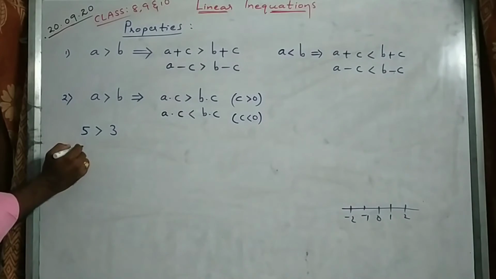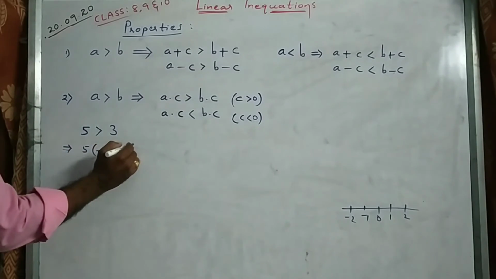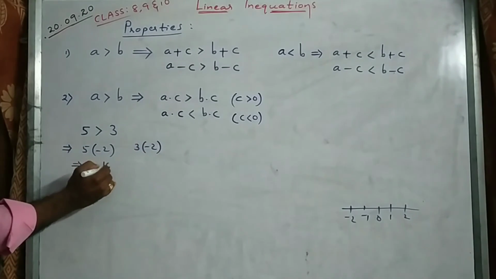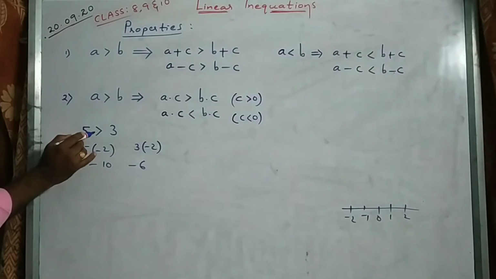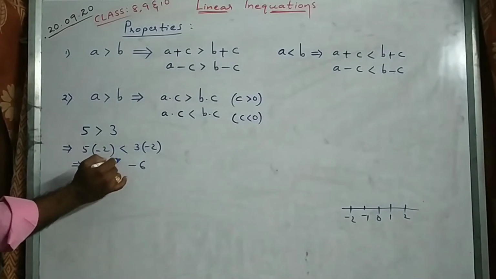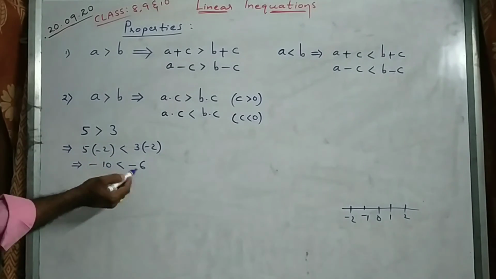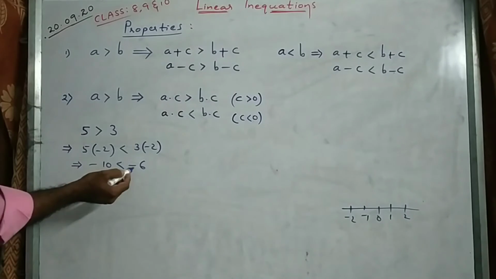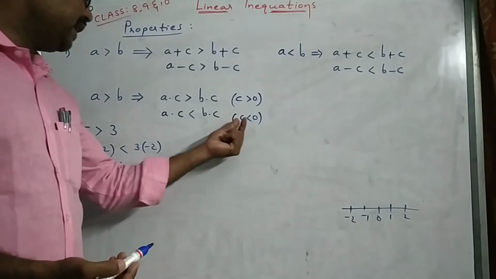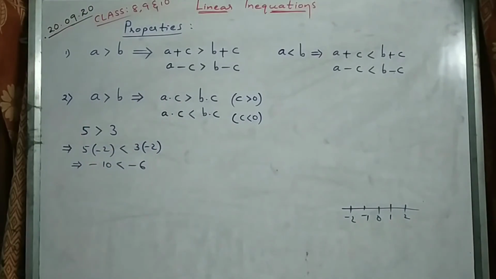Then 5 into -2 is -10, and 3 into -2 is -6. Here you have greater than now, but multiplying both sides by a negative means it becomes less than. Which one is more, -10 or -6? -6. So that is correct. If you take the product with a negative number, the inequality symbol changes. If there is greater than, it becomes less than. If there is less than, it becomes greater than.